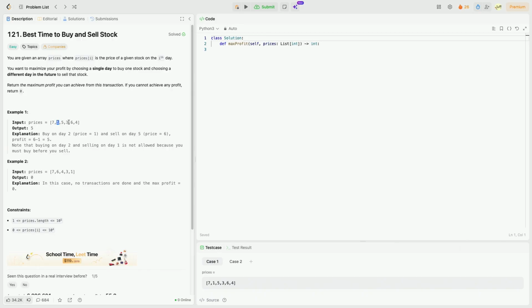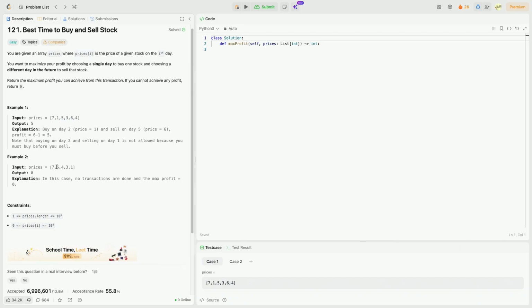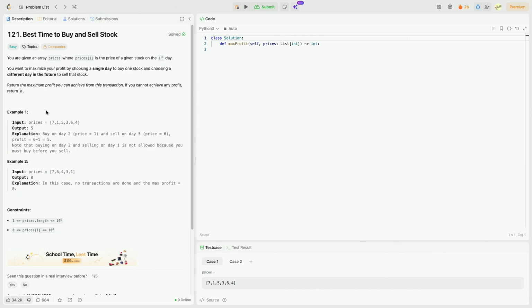So if we buy at 1 and sell at 6, that would be the maximum profit of 5. If we bought at 5 and sold at 6, profit would be 1. That wouldn't be ideal. Second example: the price is always decreasing, so we can't get a profit, so the output should be 0.